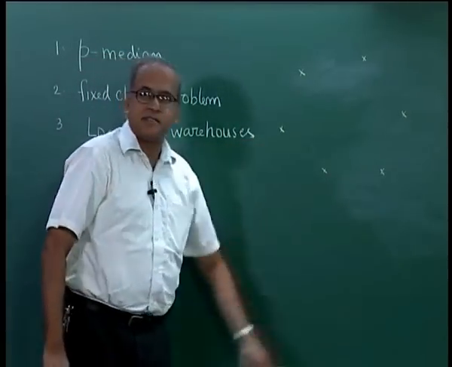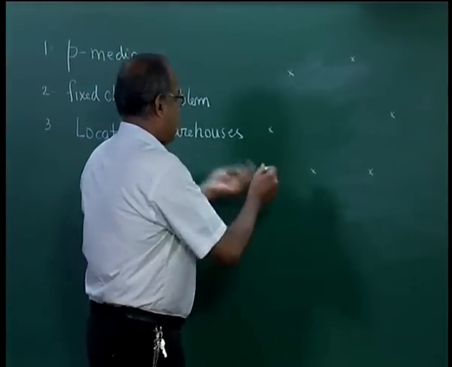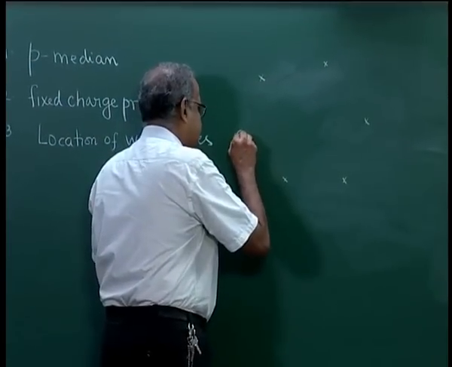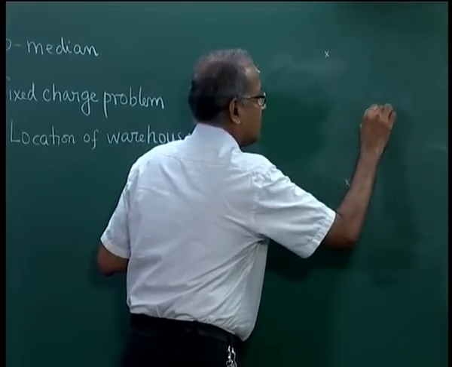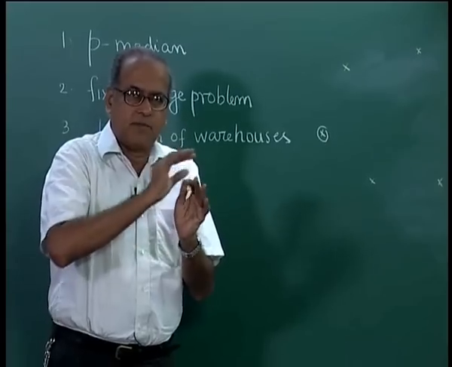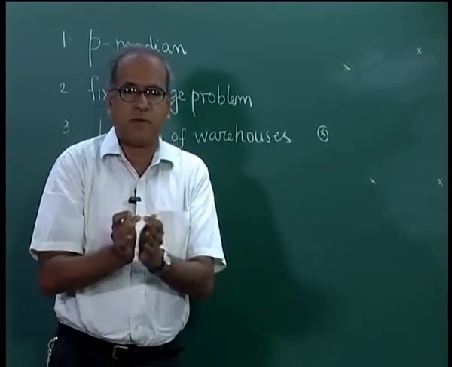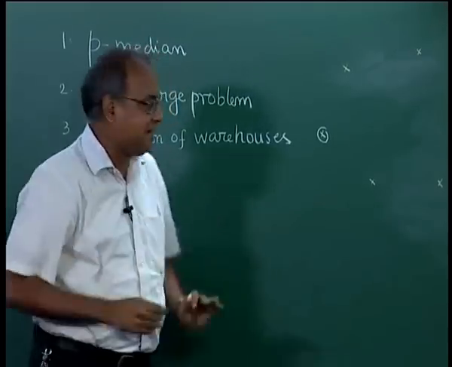Now, which of these 6 will be the medians, such that if for example these 2 are the medians. Now, first let me describe this problem mathematically, then I will describe it with respect to the context in which we are looking at it.